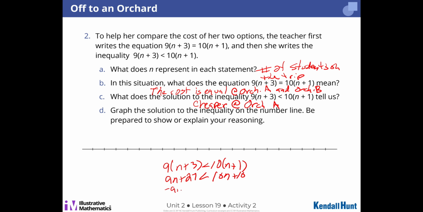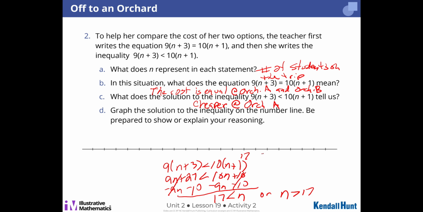We'll subtract 9n from both sides. We'll subtract 10 from both sides. So the 10s are taken care of, the 9n's taken care of. So we're left with 17 is less than n, or we can write it as n greater than 17.